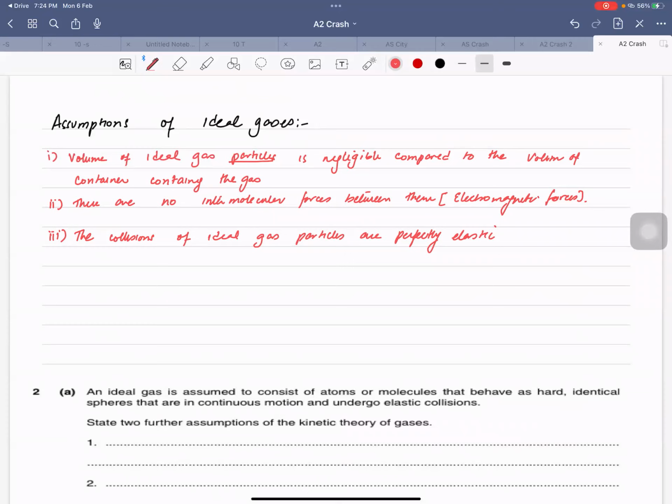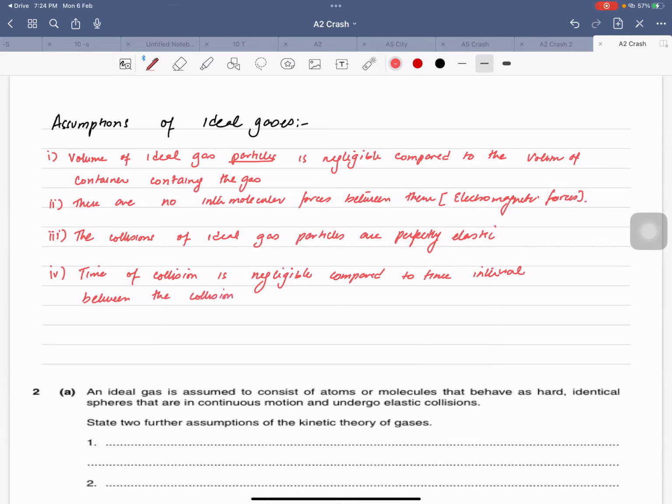All right. The fourth thing is that they obey the PV equals nRT equation. No, that is basically the definition of an ideal gas, not the assumption. Okay. So the time of collision is negligible compared to the time interval between the collisions.